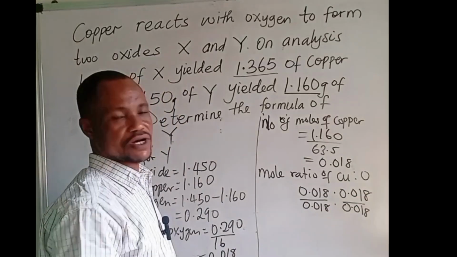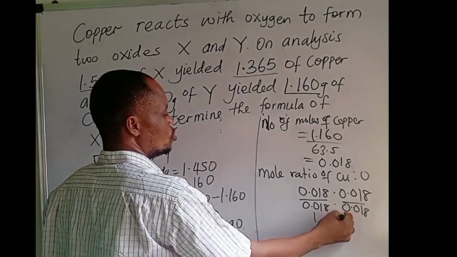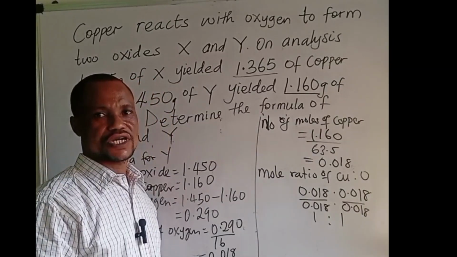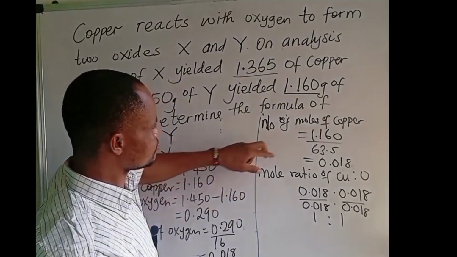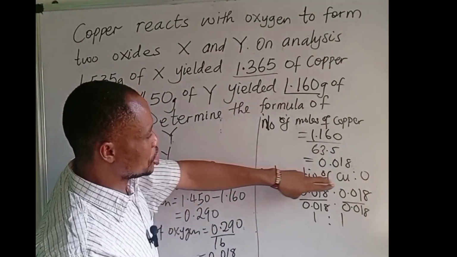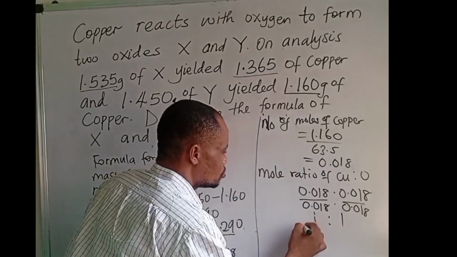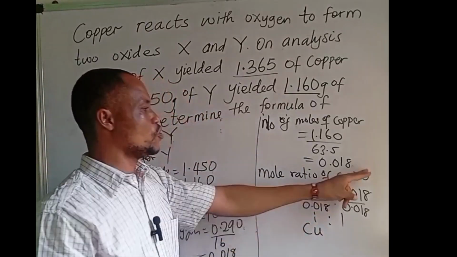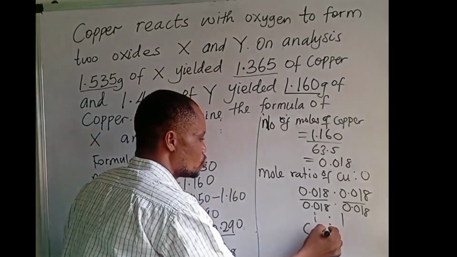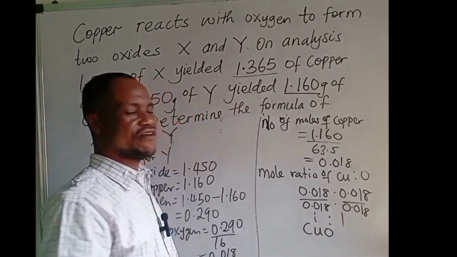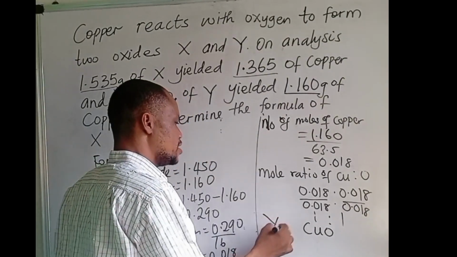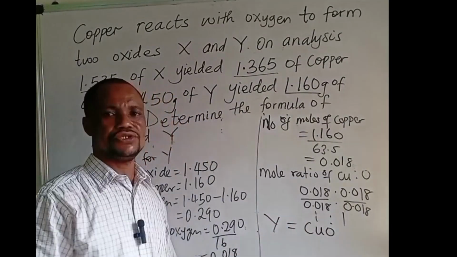So that will give us 1:1. Okay? Now, Cu times 1 is Cu. Then O times 1 is O. So the formula for Y is CuO.